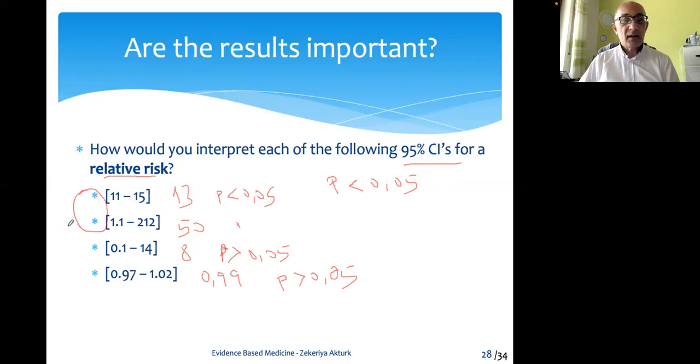One has a very broad, very large confidence interval, whereas the other one is a more precise measurement. On the other hand, in these 2 other examples, we have non-significant p-values, but also here one is a precise measurement. So significant and non-significant does not per se indicate whether it is a precise measurement or not.